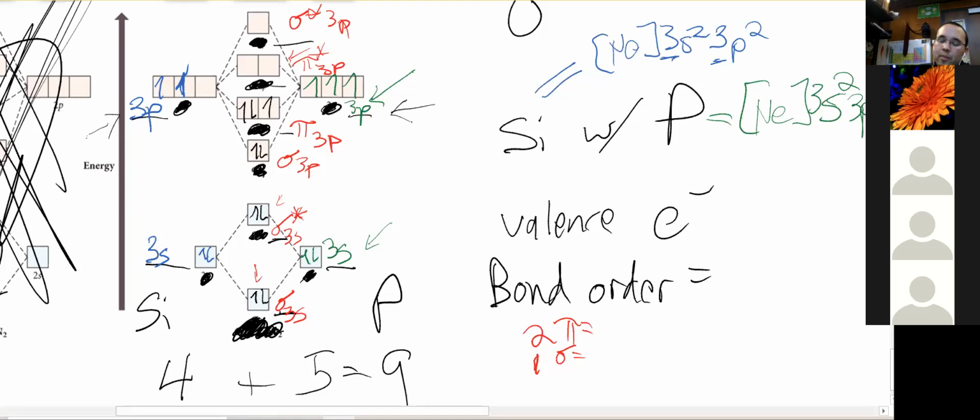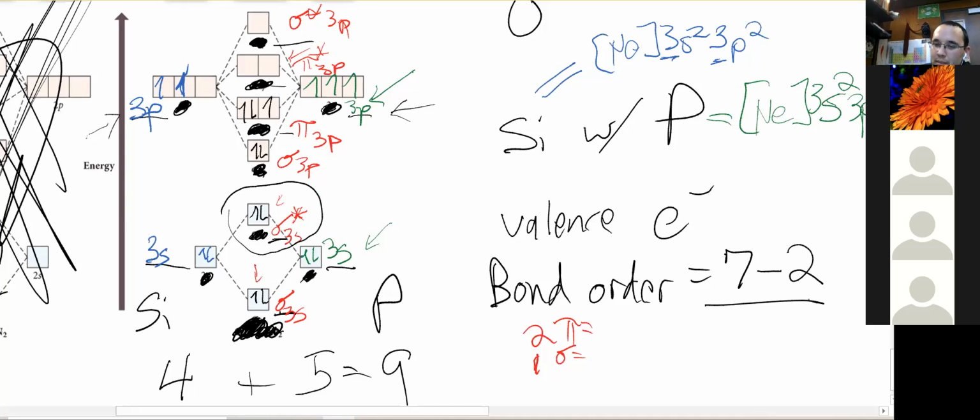Okay. So let's look at this bond order here. How many bonding electrons do we have? Seven. 7 bonding electrons. How many anti-bonding electrons? 2. So we have 2 from this top one here.